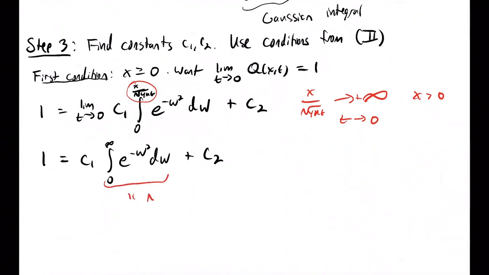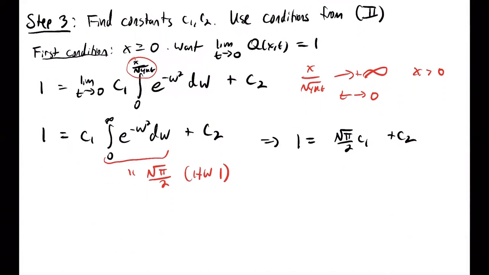This is equal to the square root of pi over 2, so see homework 1. And so this tells us that I need to have 1 is equal to the square root of pi over 2 times C1 plus C2. Well, that in itself is not enough information to actually figure out what C1 and C2 have to be.